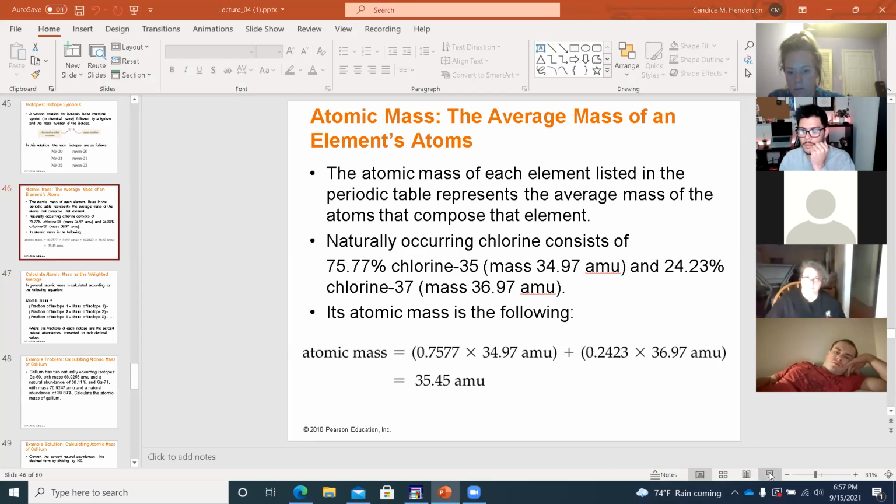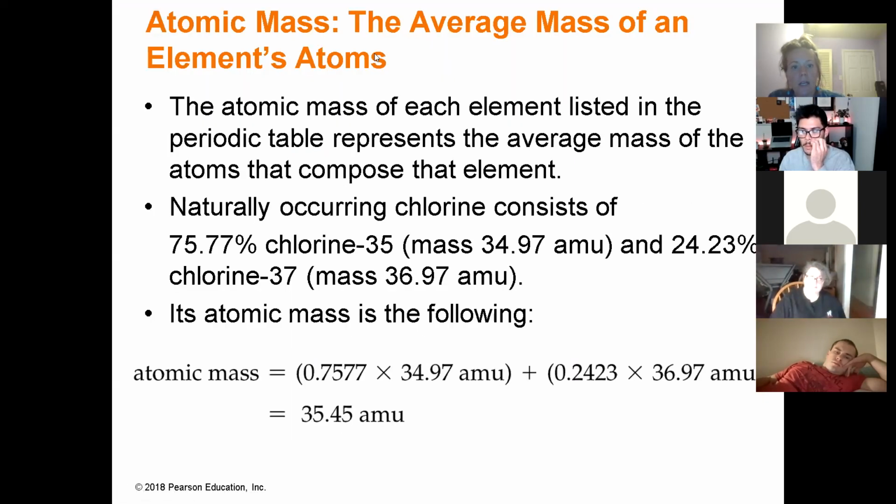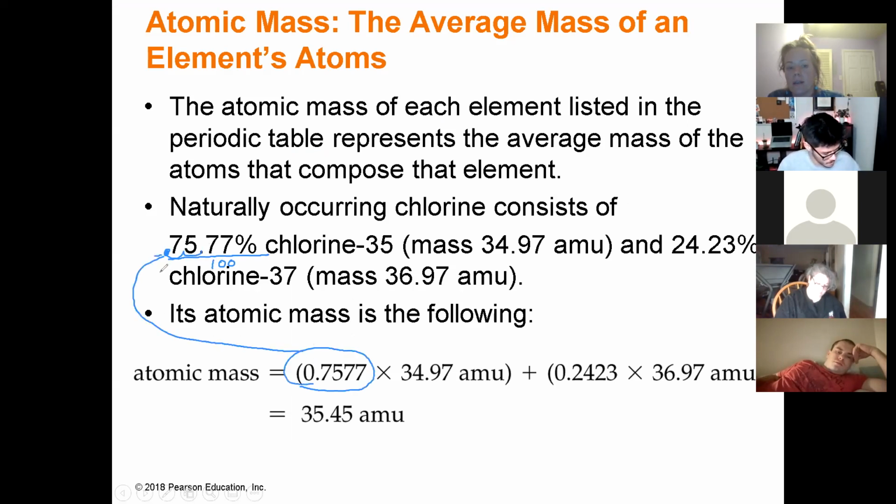Here we go. So we take the percentage. Sorry, I totally spaced out there. Take the percentage and divide it by 100, or we take the decimal and move it over 2 places. That's what this number is. This is the decimal percentage. We take that value and multiply it by our mass.